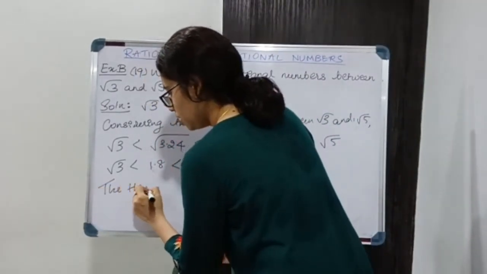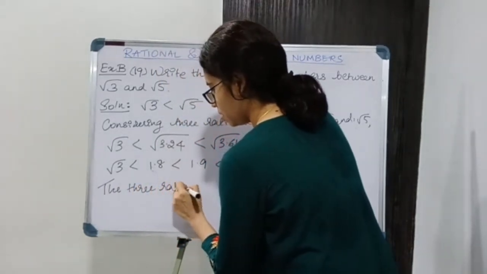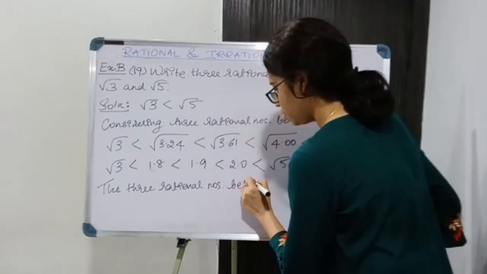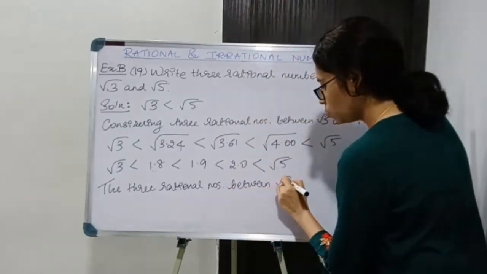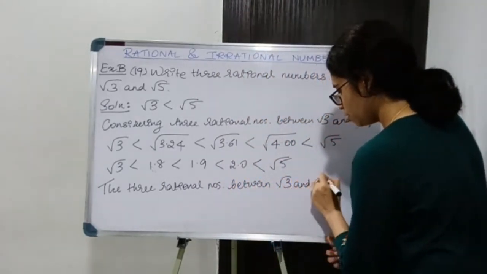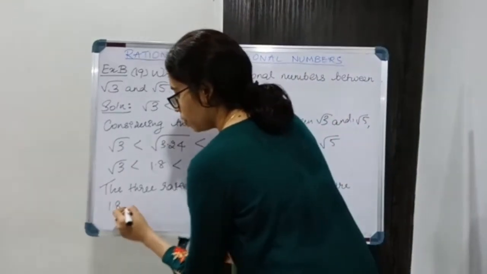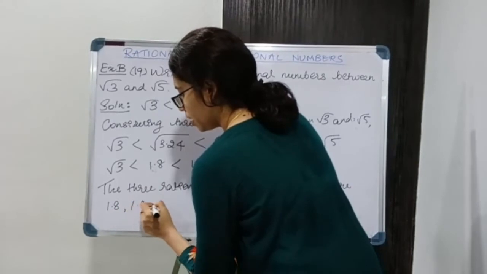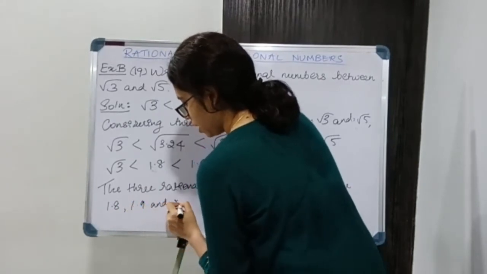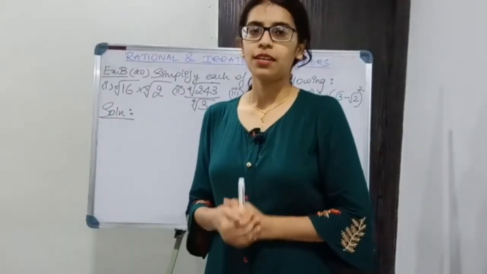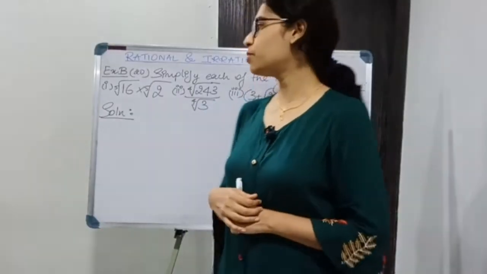The 3 rational numbers between root 3 and root 5 are 1.8, 1.9 and 2.0.